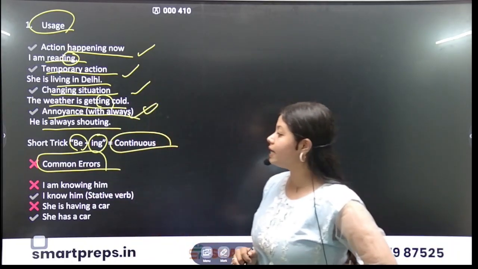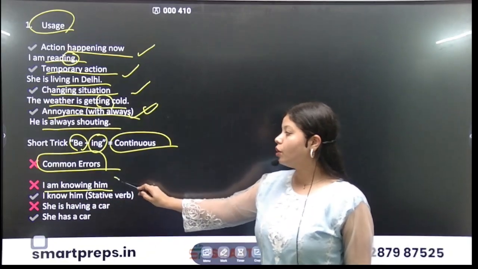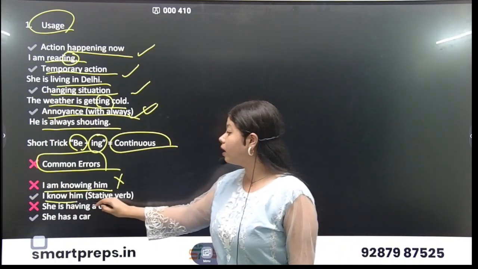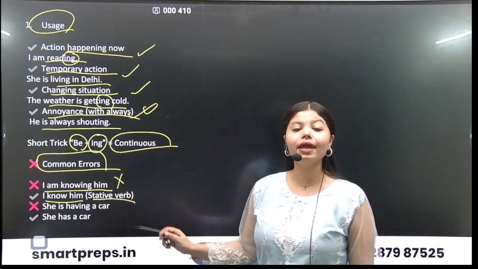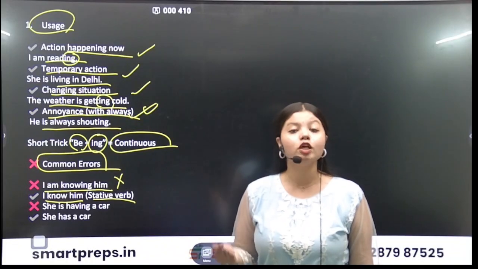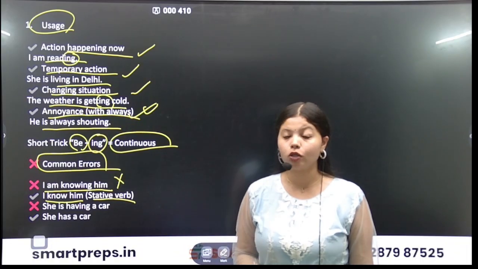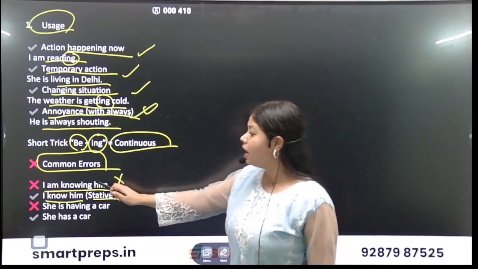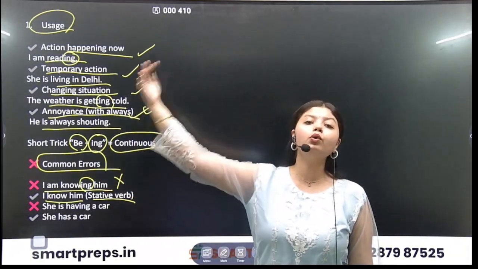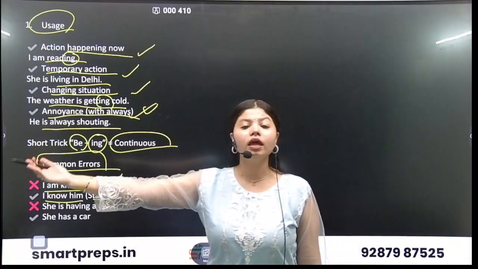Now let's understand the common errors. Check the sentence "I am knowing him". It is wrong. Why? The sentence should be "I know him", a stative verb. There are various kinds of verbs. We'll get into the verbs, I'll bring the chapter on verbs also, but for now just understand that "I am knowing him" is wrong, because you already know him from beforehand, and you'll still know him in future as well.